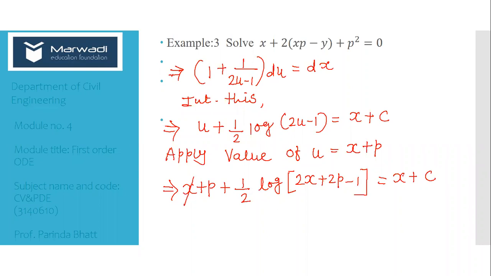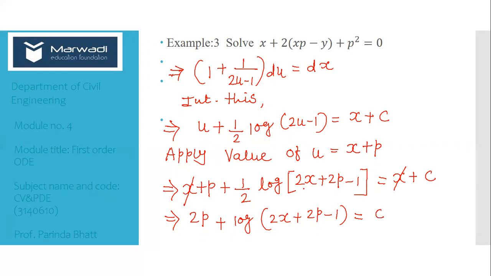Therefore, this x is cancelled out from both the sides. 2 as an LCM, therefore 2p plus log 2x plus 2p minus 1 equal to 2c. Right?